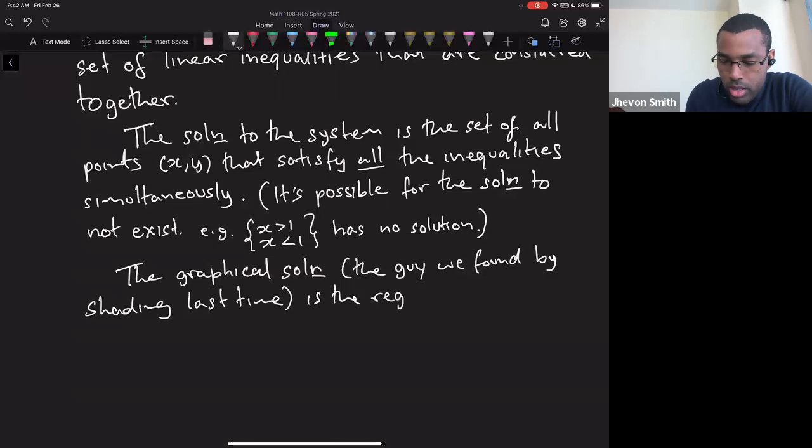It is the region in space that solves all the inequalities.